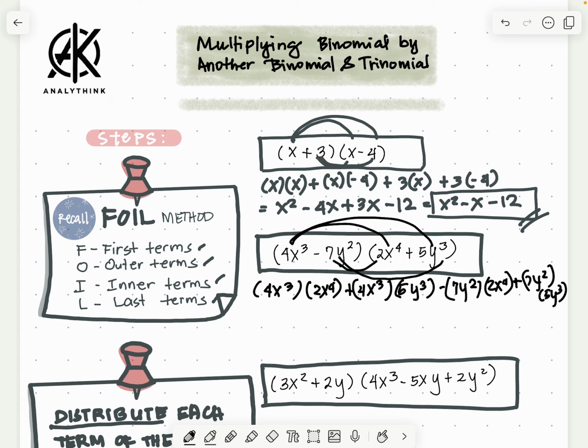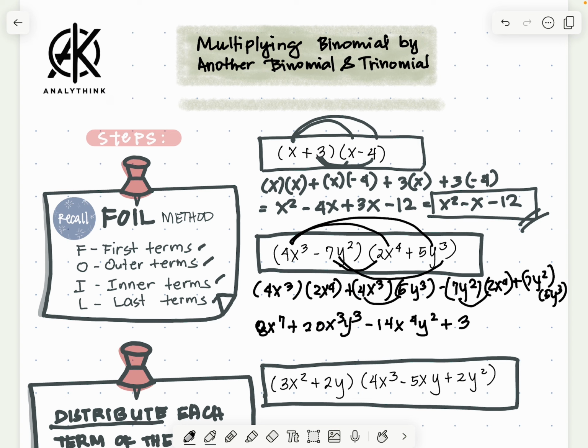So you have 8x raised to 7, and then 4 times 5, you have plus 20x cubed y cubed, and then for this one, -7 times 2, minus 14x to the fourth y squared, and then 7 times 5, so positive 35.